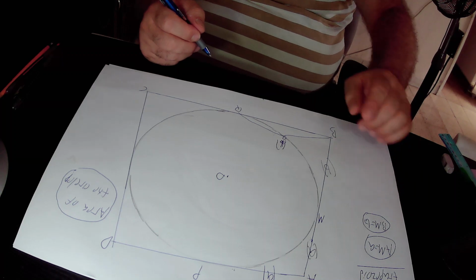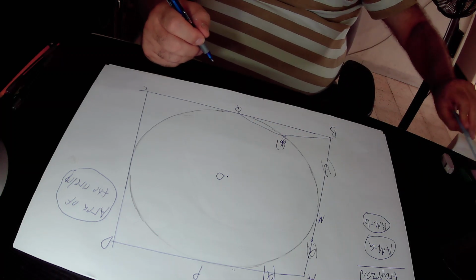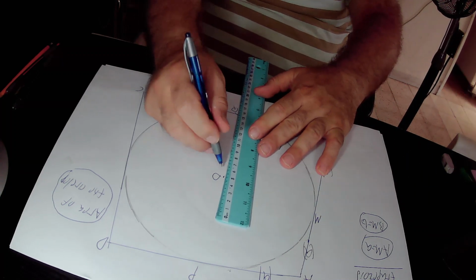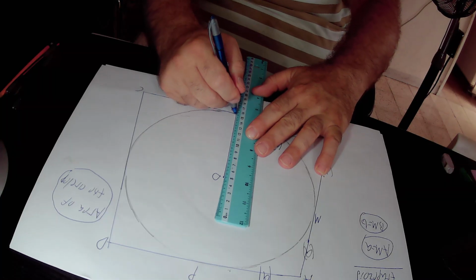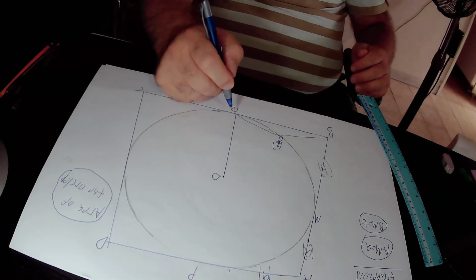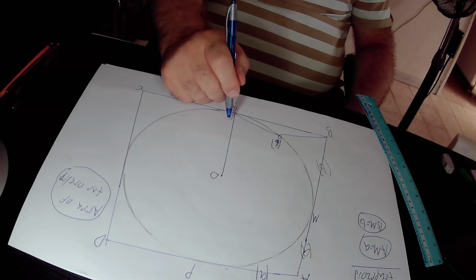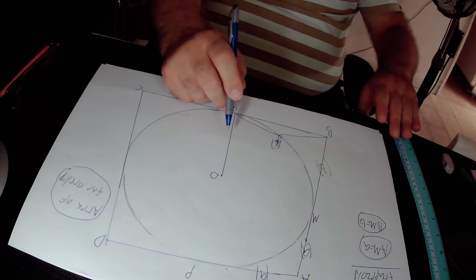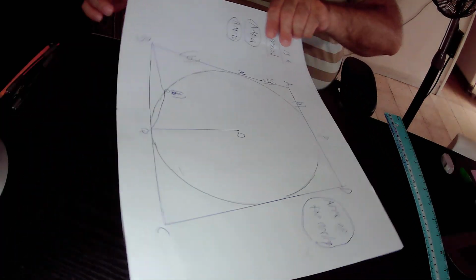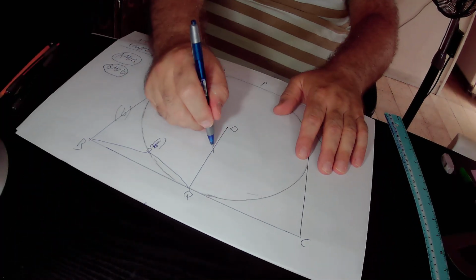In the next step, we join points O and Q together by a straight line. Point O is the center of the circle, point Q is a point on the circle itself, therefore OQ is the radius of this circle. We define the radius of this circle as x, so OQ equals x, according to our definition.